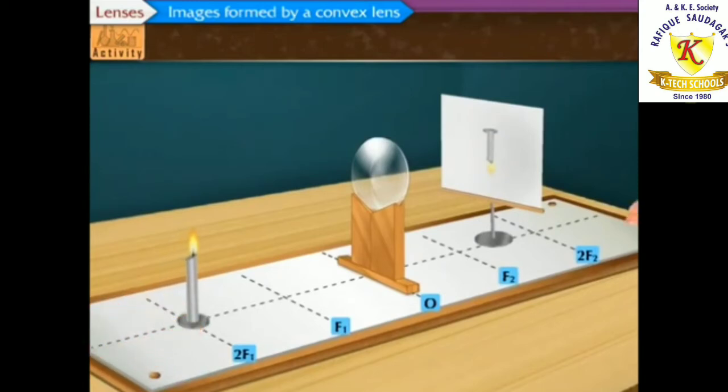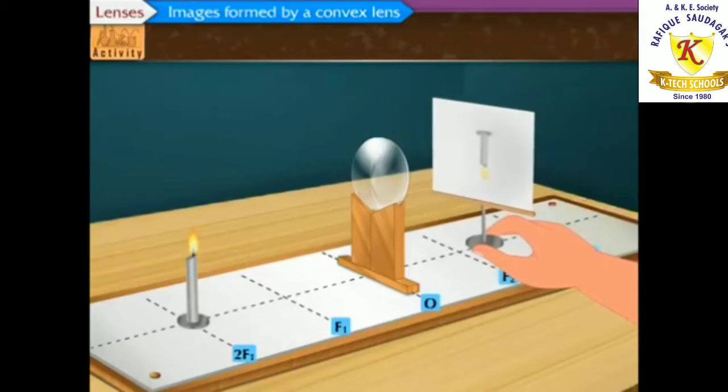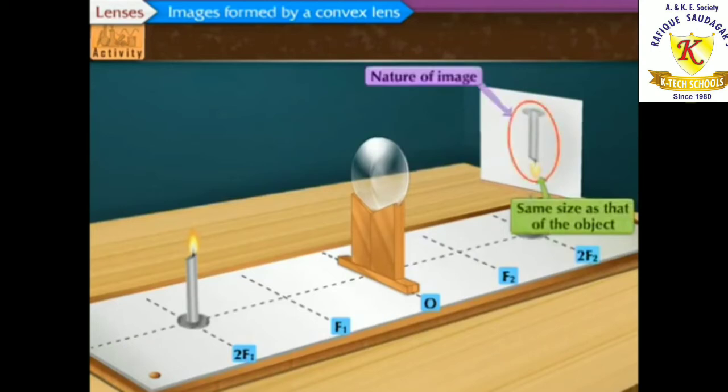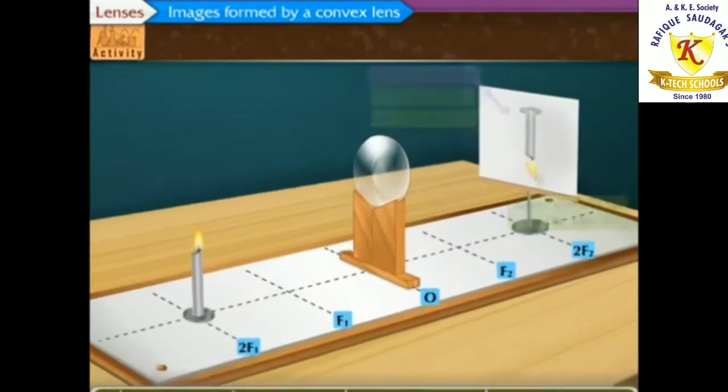Now place the candle at 2F1 and again move the screen to get a clear and sharp image. We get the position of the image at 2F2. The size is the same as that of the object and the nature is real and inverted.